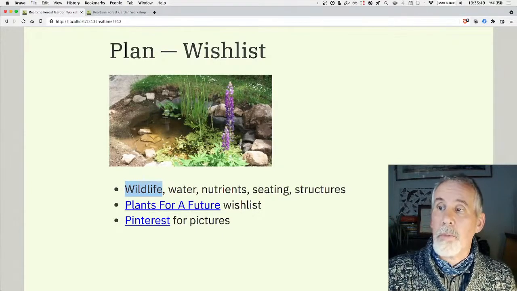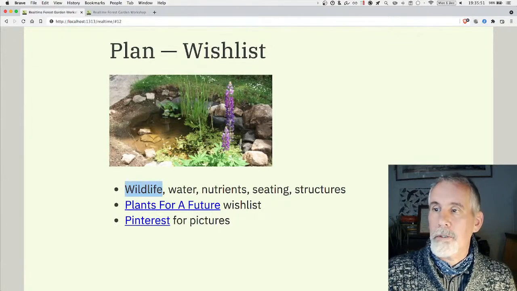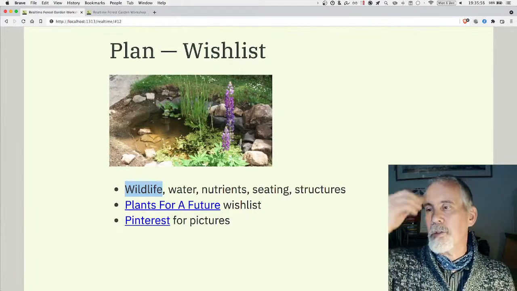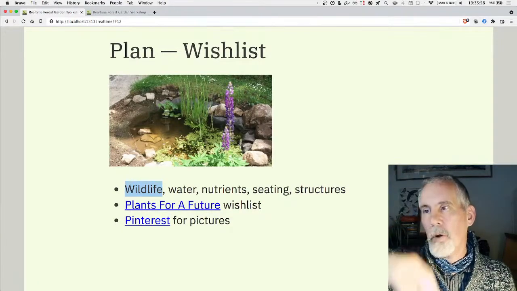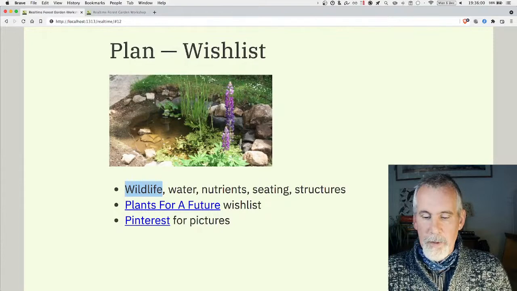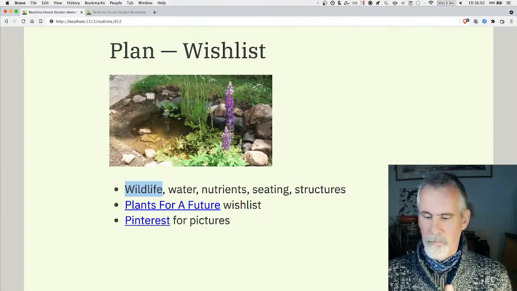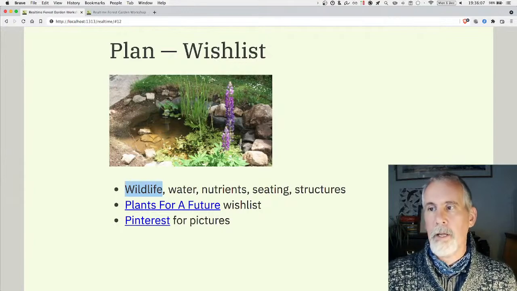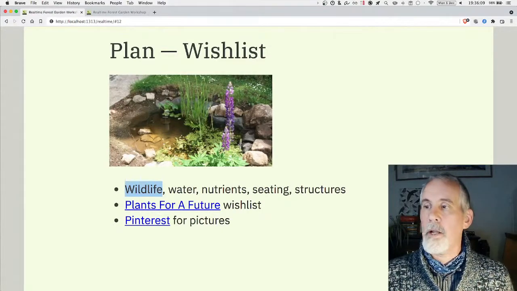Ponds attract loads of wildlife. Look at creating water features as well. Even if you can't have a pond, we've got a really beautiful, quite cheap metal bowl, and it's for the birds really, but it's also a feature in its own right.